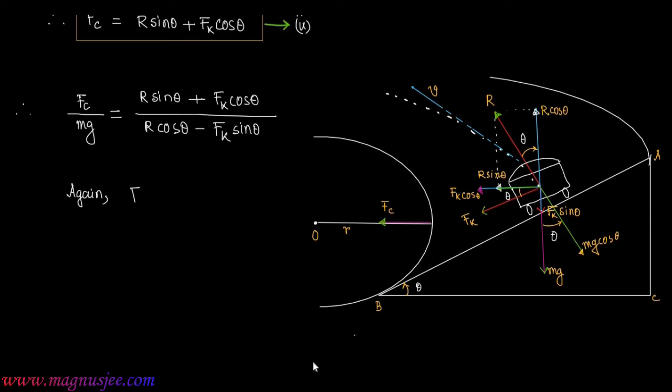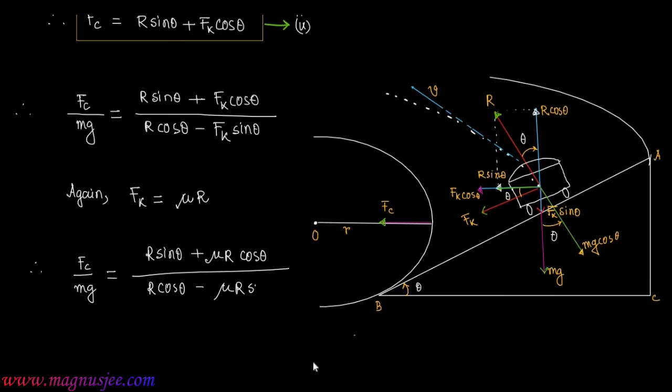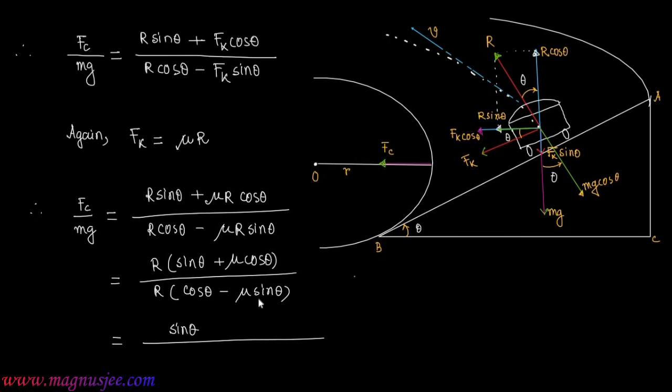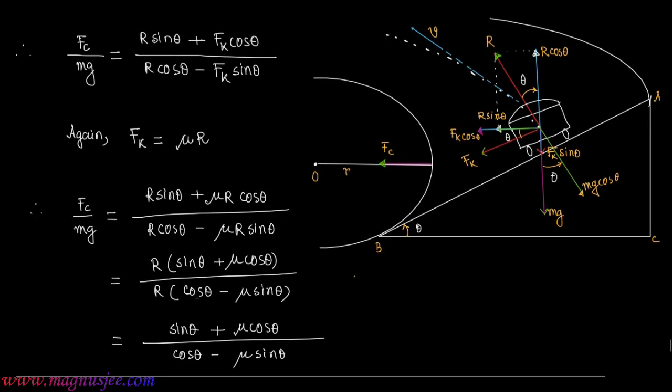Again, the kinetic friction Fk equals mu into R, where mu is the coefficient of friction. Therefore, Fc by mg equals R sin theta plus mu R cos theta divided by R cos theta minus mu R sin theta. R is taken common, so it is sin theta plus mu cos theta divided by R into the bracket cos theta minus mu sin theta, equal to sin theta plus mu cos theta divided by cos theta minus mu sin theta.